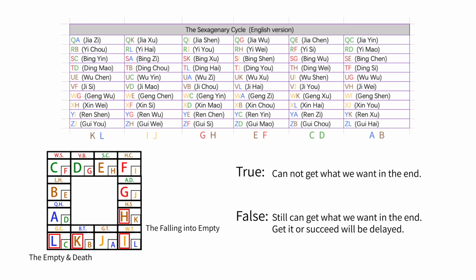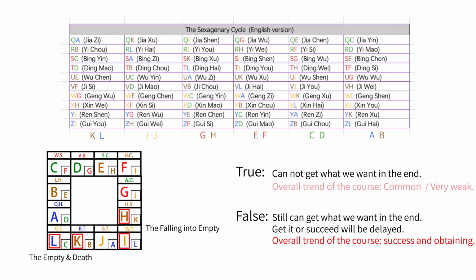My personal experience is that judging the true or false of the empty and death depends on the overall trend of the course. If the overall trend of the course is success and obtaining, then the empty and death is false. If the overall trend of the course is very common, and the signs of success and obtaining are very weak or even none, then the empty and death is true.